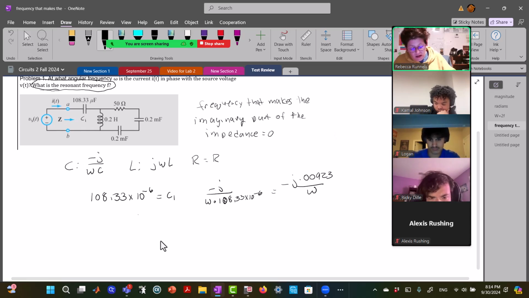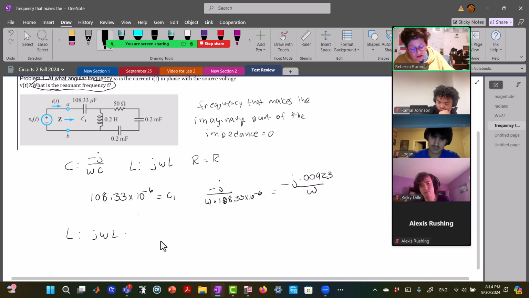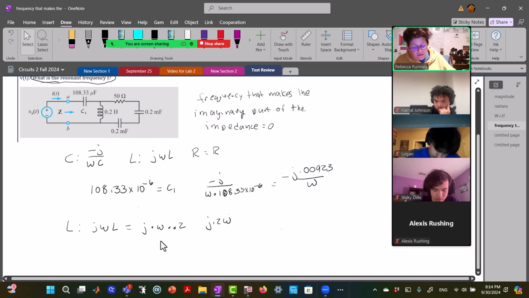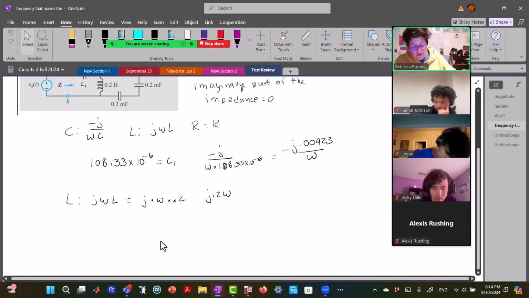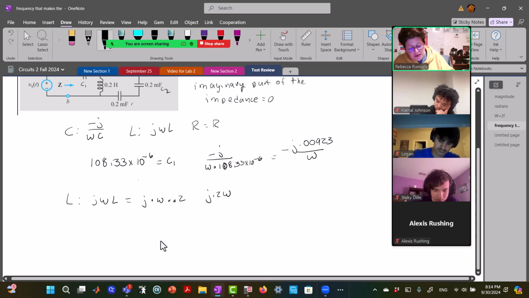Our inductor is j omega L, so that's j times omega times 0.2, so that's just j 0.2 omega, nothing else to do there. And then I have 2 millifarad capacitors, which I'll call C2 and C3.